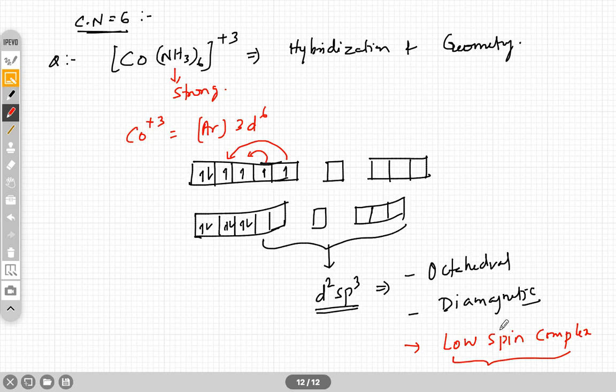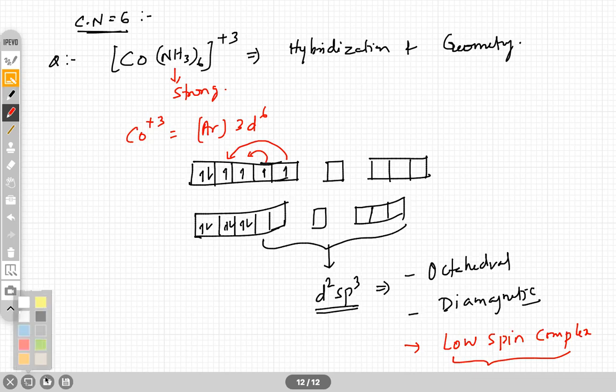Yes, sir. Okay, so one exception we have here, right? NH3, I told you it is a strong ligand, but in some cases NH3 behaves as a weak field ligand. Only one case we have here, with metals like nickel. So this one you have to memorize because these are the exceptions. You have to keep this in mind.